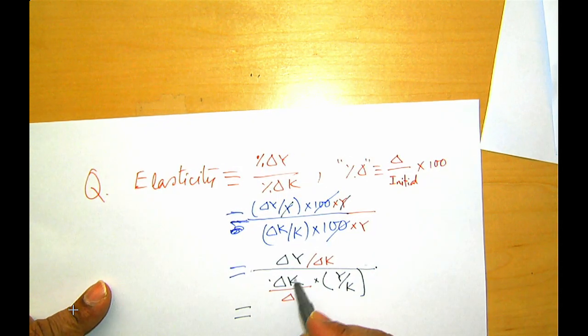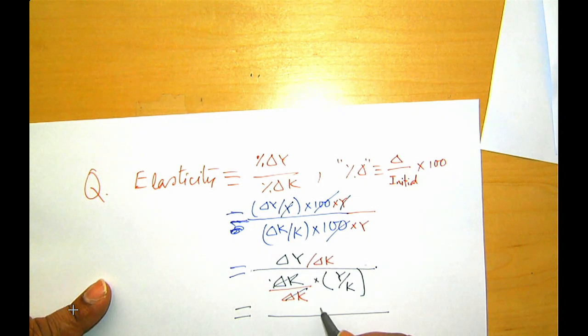This will cancel. So I will get at the numerator delta Y over delta K, and in the denominator I get Y over K.